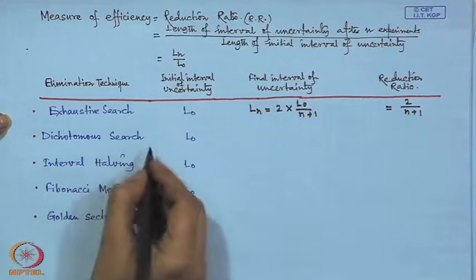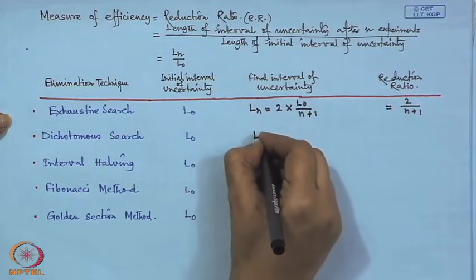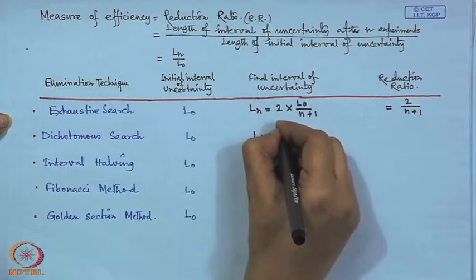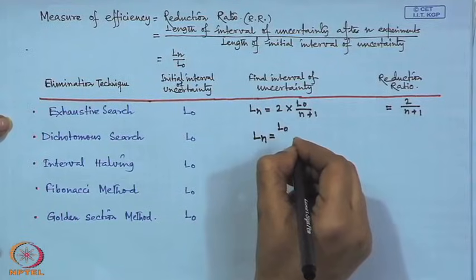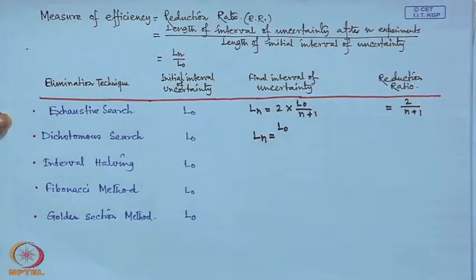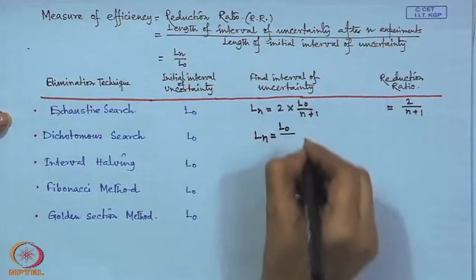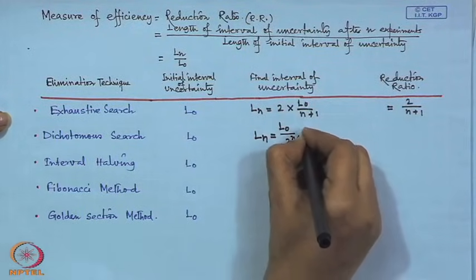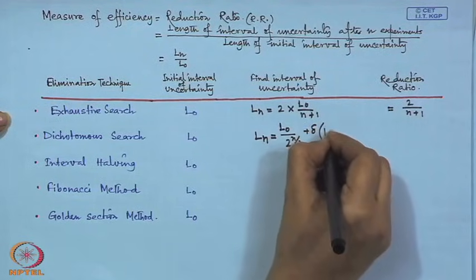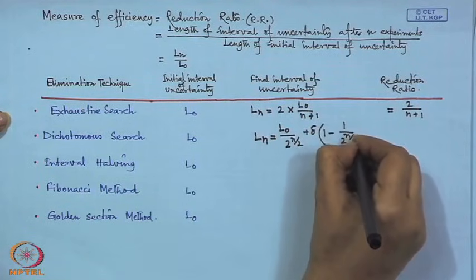Let us go to the dichotomous search. In the dichotomous search technique, Ln can be calculated as, not only L naught, there is another parameter involved, that is delta. Generally we consider the value of delta as very small, but still the final interval of uncertainty would be equal to L0 by 2 to the power n by 2 plus delta into 1 minus 1 by 2 to the power n by 2.